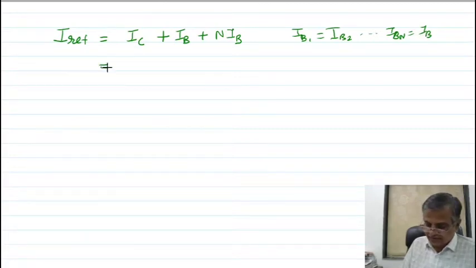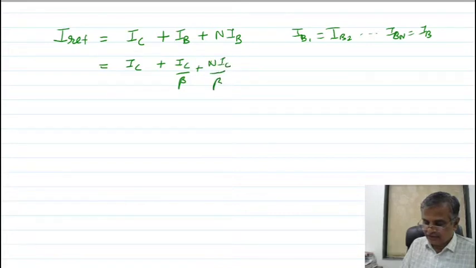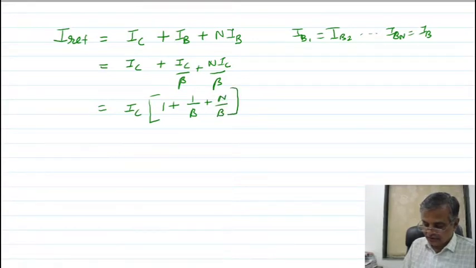So I reference is equal to IC plus IC upon beta plus N IC upon beta. So I can write IC is common, 1 plus 1 upon beta plus N upon beta. So I can write IC into 1 plus N plus 1 upon beta.